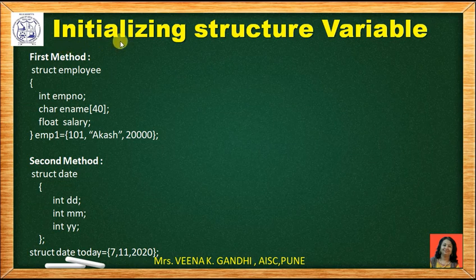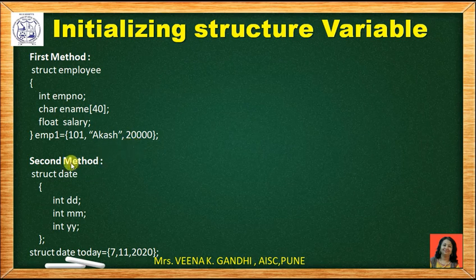Now, how to initialize the structure variable? Again, there are two methods. In the first method, for example, employee is a structure. So struct employee, with employee number, employee name, and salary as the members. Now, after the closing braces, we create the variable emp1 and then initialize it with the value 101 as the employee number, Akash as the employee name, and salary as 20,000.